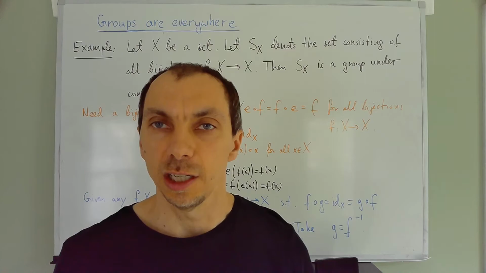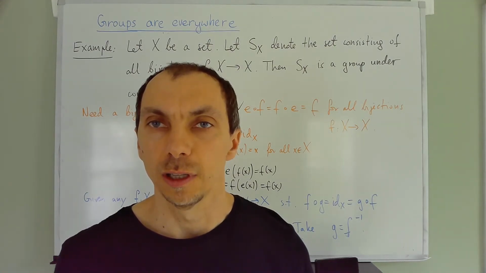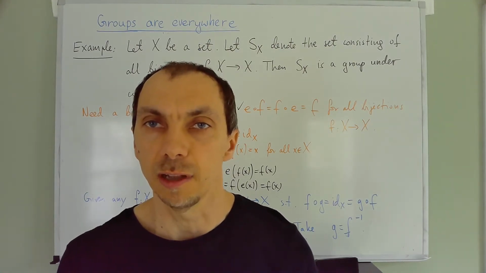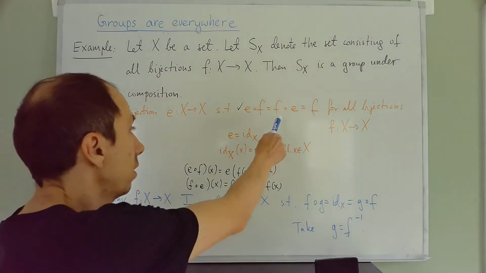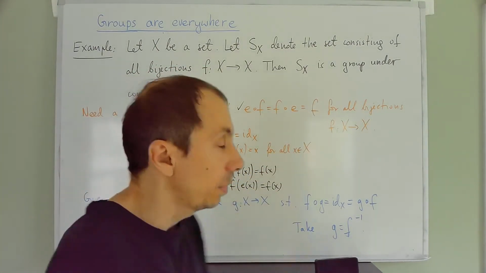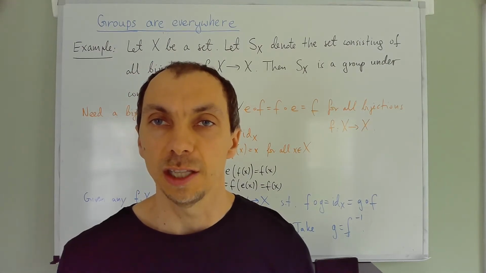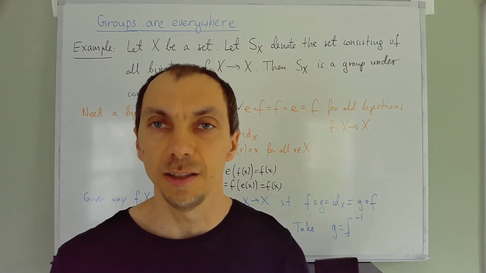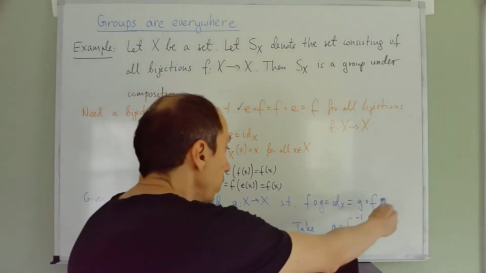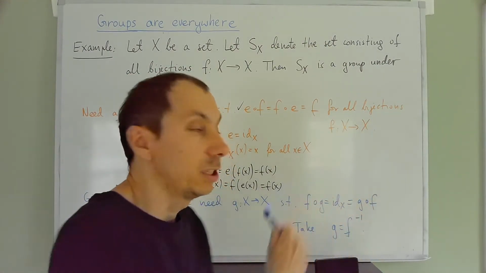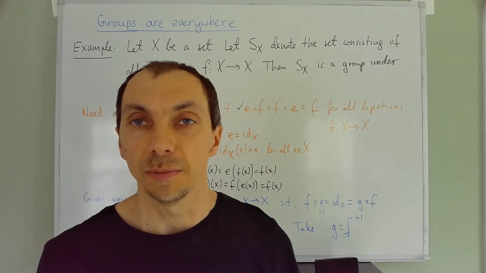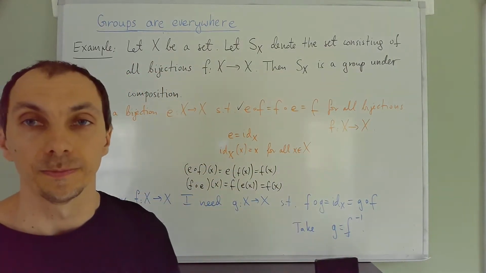Then there's the identity function, which maps every element back to itself. If I compose it with any bijection, I get that bijection back. And lastly, every bijection is an invertible function, which means it has an inverse function. So that makes this set into a group.